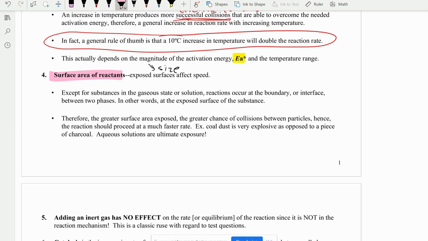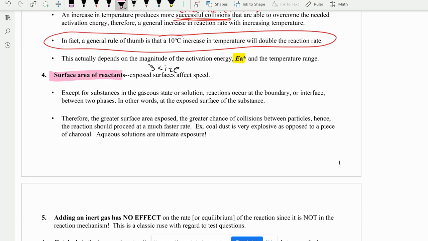One of the things that you might vaguely hear about is the dangers of coal mines or even grain silos, and how they're very explosive. And so the example I put in our notes here is coal dust, like in a coal mine, highly explosive. That's because that aerosolized coal dust is providing and increasing surface area for it to react with the atmospheric air and oxygen.